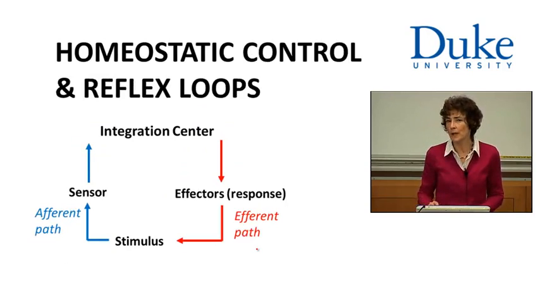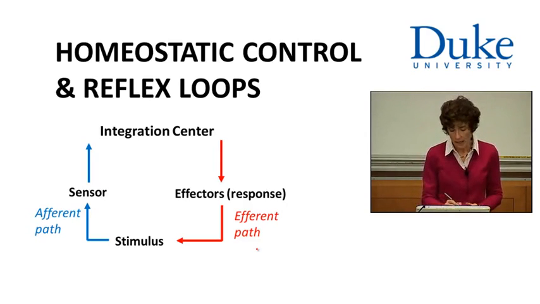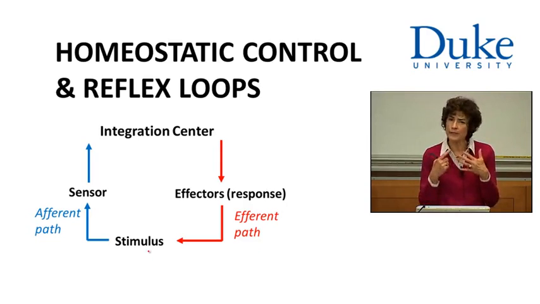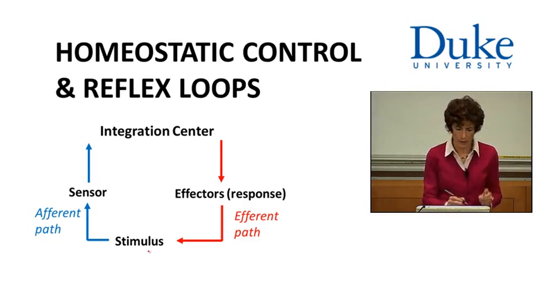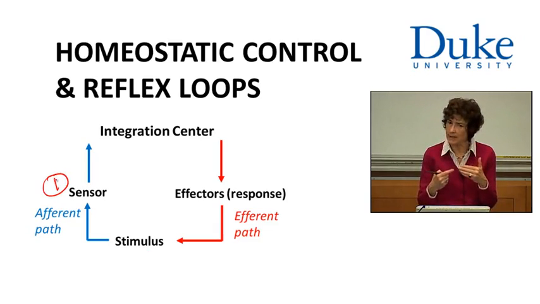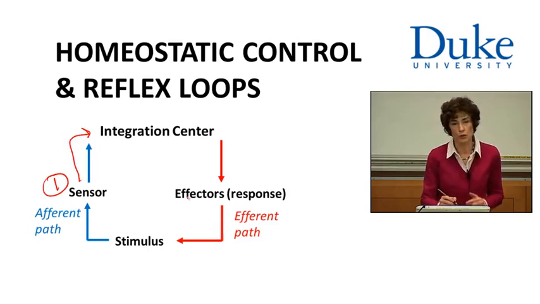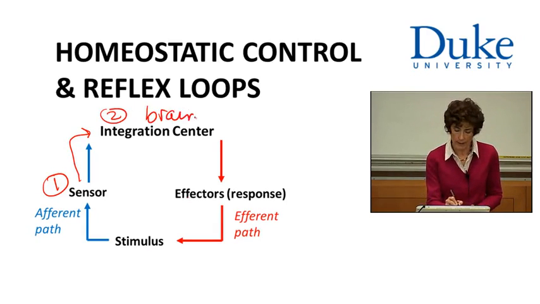So one of the major ways that the body is going to regulate this ECF is by using homeostatic control systems or reflex loops, and that's what's diagrammed here. The reflex loops have essentially three components. They have a sensor, which is going to detect a specific signal or stimulus. That sensor then sends the information to what is called the integration center, and this integration center is usually the brain.